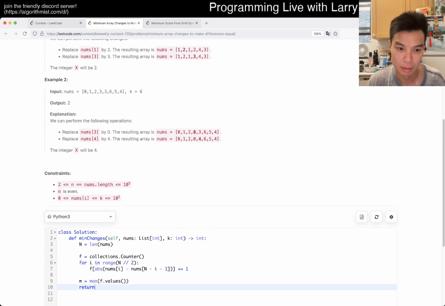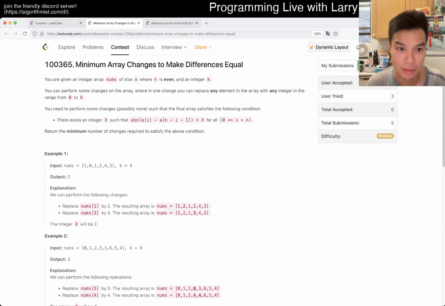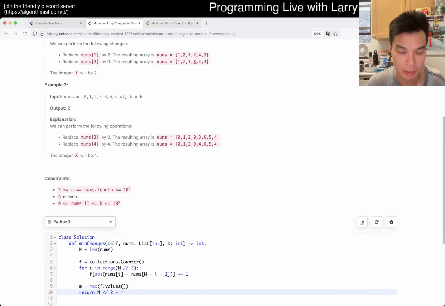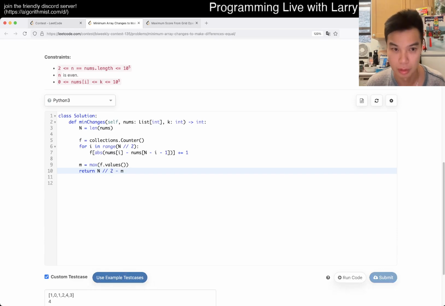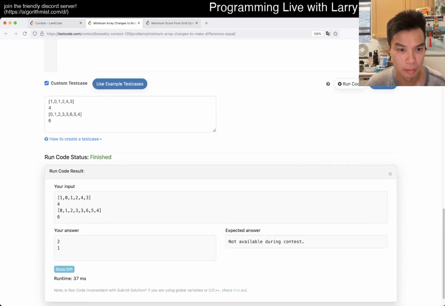And then, oh no, x is the number of changes. So this is the max number. Okay, yeah. Just want it 2, 2. Why do I have 1?